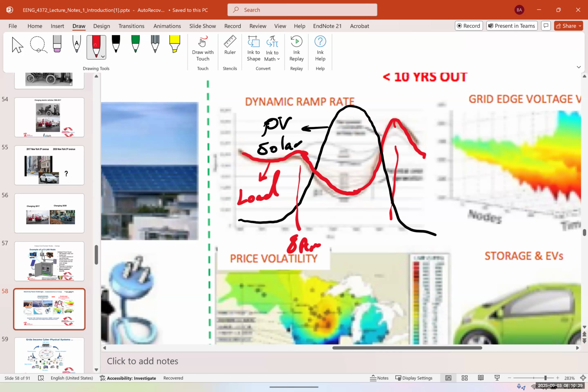Store the energy, perfect. For storing energy we have multiple ways, but the easiest way to do it right now is to use battery storage, which is currently expensive. So that is a big hurdle to PV and solar panels.